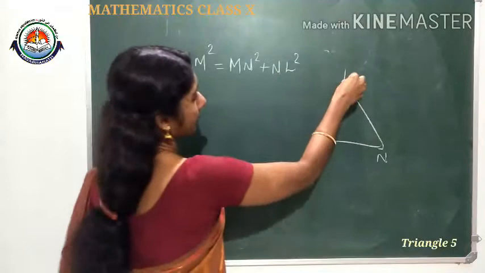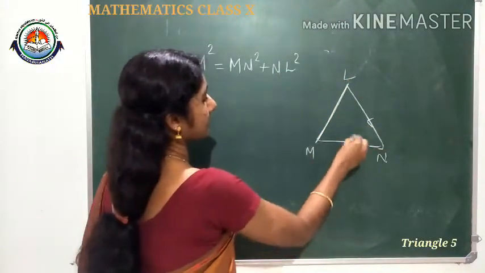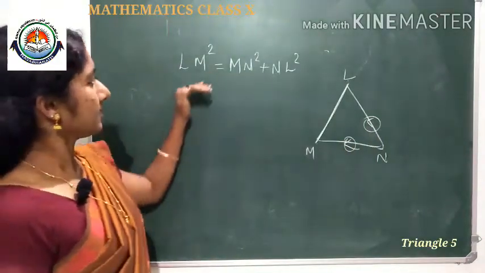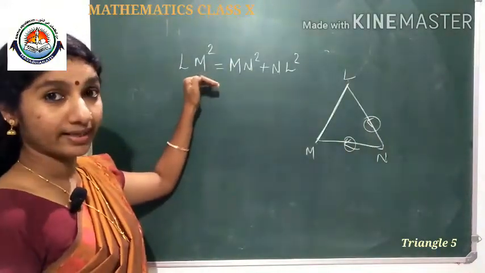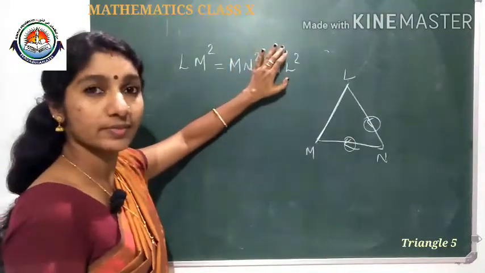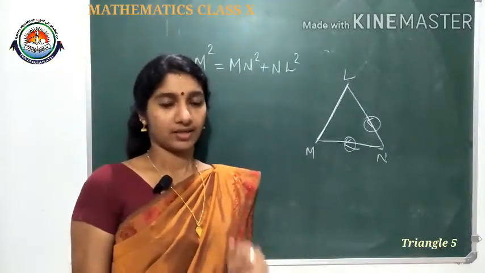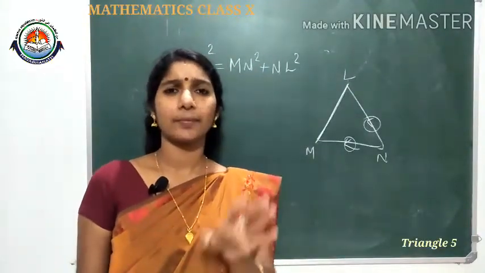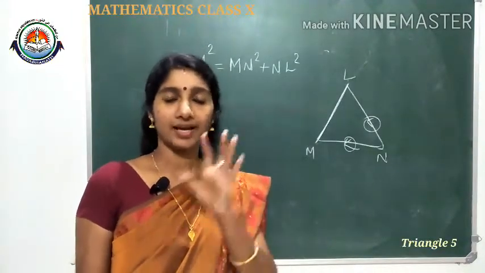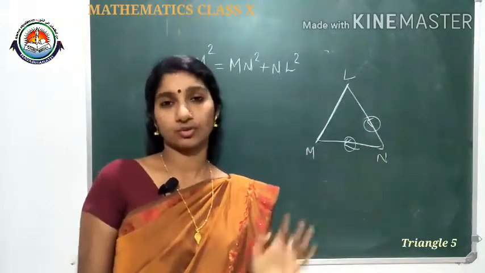That means this side's square is equal to the sum of squares of these two sides. This is the Pythagoras result. Pythagoras result is only applicable when it is a right triangle, that means hypotenuse square is the sum of squares of the other two sides.